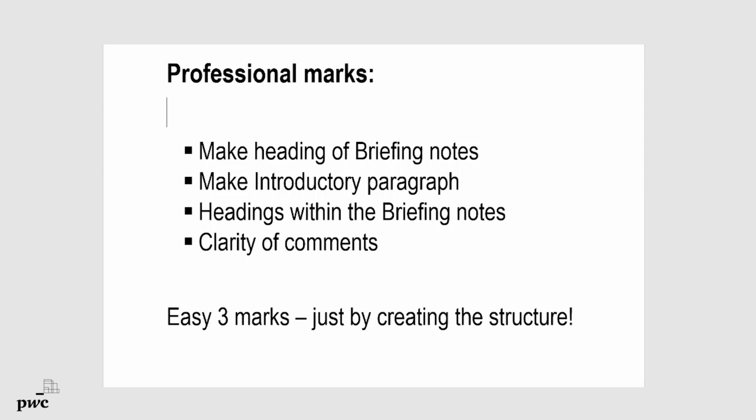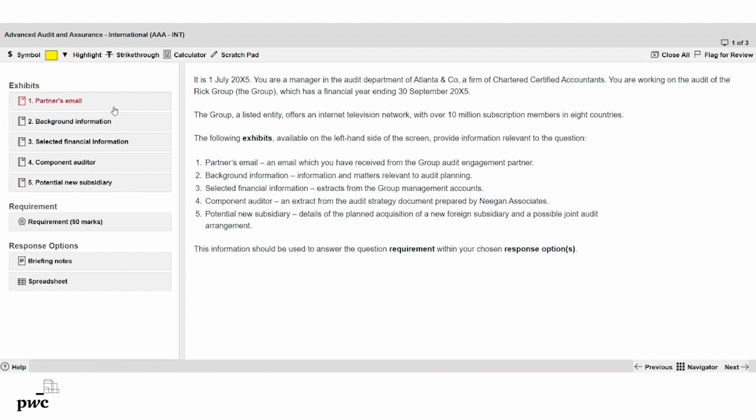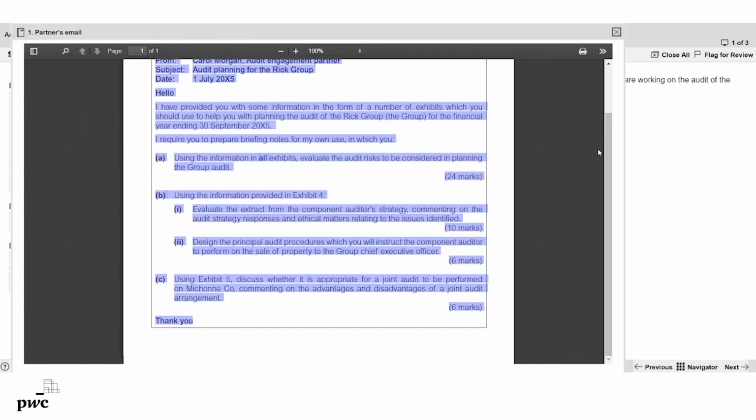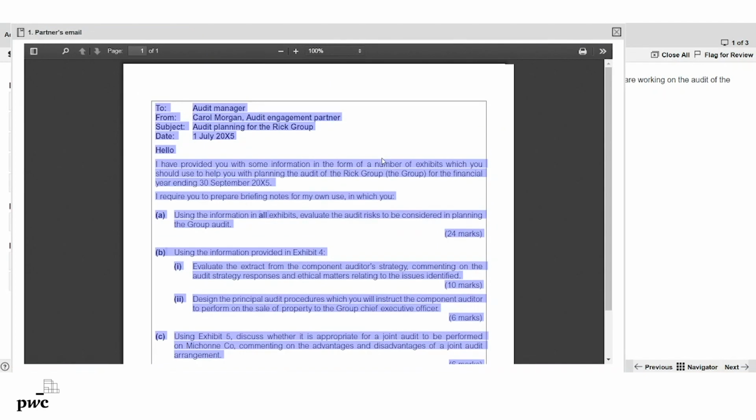And now in computerized environment, it is even easier to make it than in paper environment because you may easily use the content of requirements for creation of the structure and use the function copy paste and copy the requirements into your answer sheet.